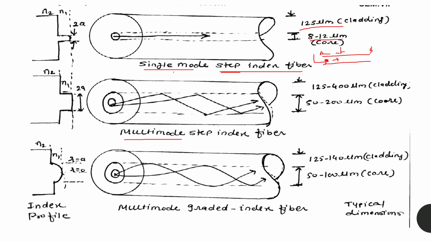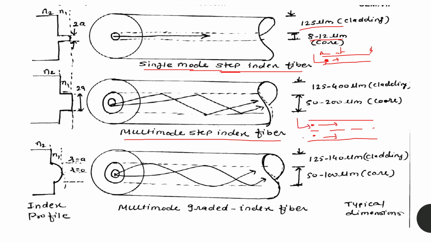This type of optical fiber cable is used for long distance communication, and single mode step index fiber has higher bandwidth. And to understand multi-mode step index fiber, let's consider that there are multiple lanes, and multiple cars can go at a time.